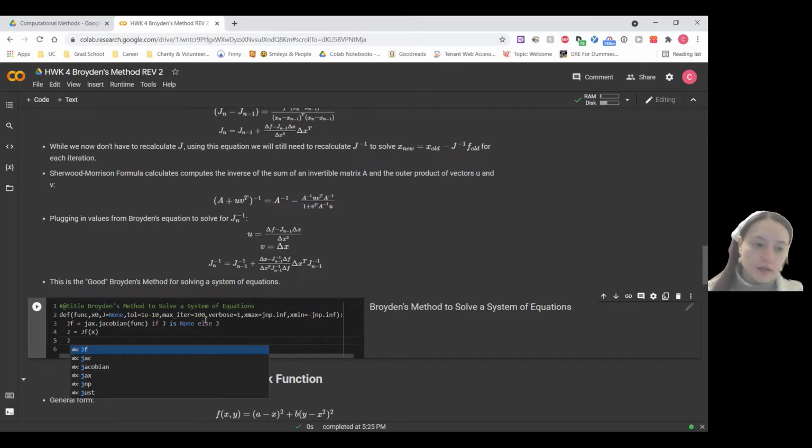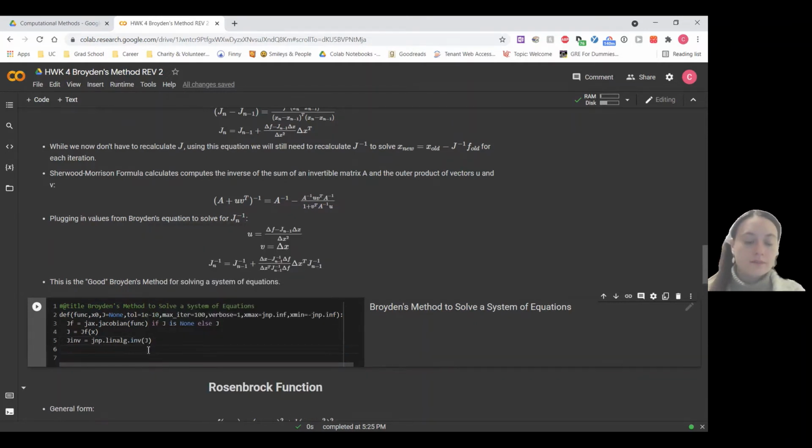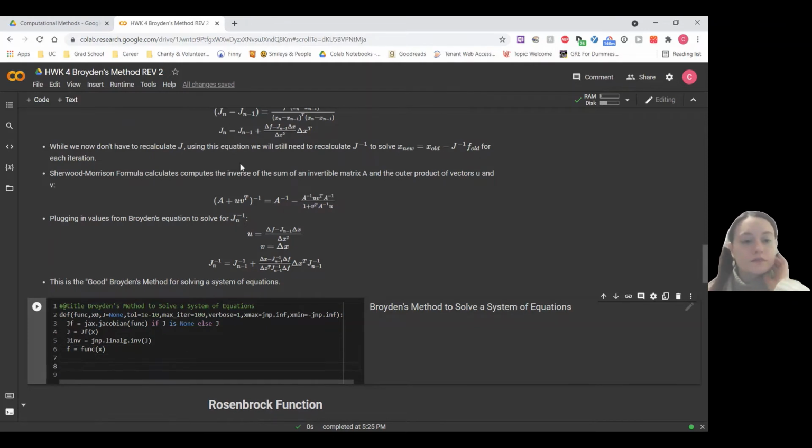So we're only going to calculate the Jacobian once. We're also only going to calculate the inverse of the Jacobian once, and the value of our function at x, our initial value for f.